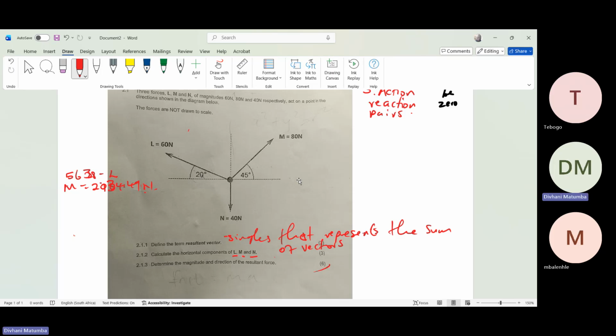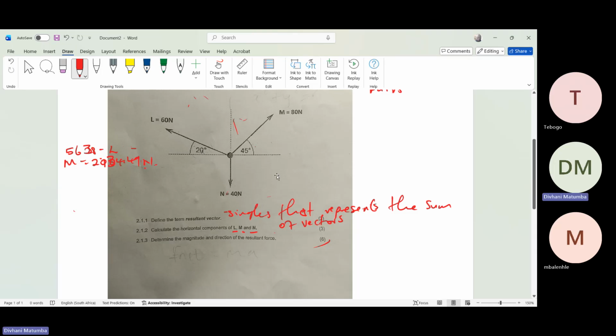Do you agree? Yes. Okay, so this one is to the left, and for M, obviously it's going to be to the right. You agree? Yes.